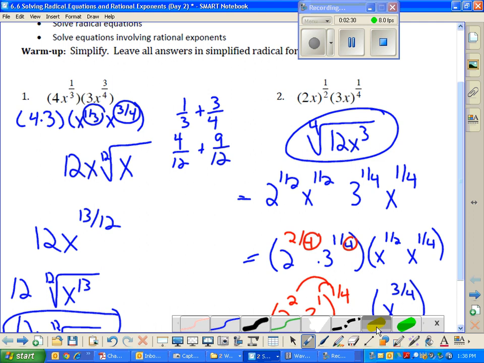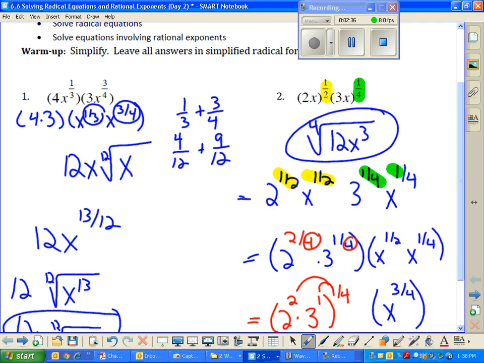I took my 1/2 and I distributed it in. And then I took my 1/4 and I distributed it in there. So that's that first step. Everybody okay so far? Next step. I did my associative property of multiplication to rearrange the multiplication and make the problem just a little bit easier.